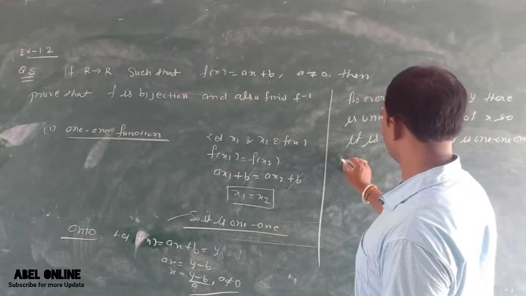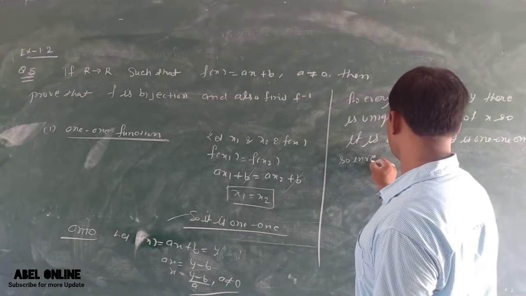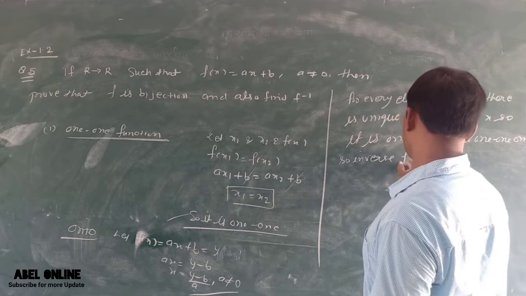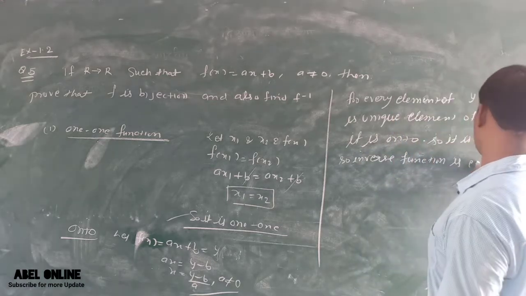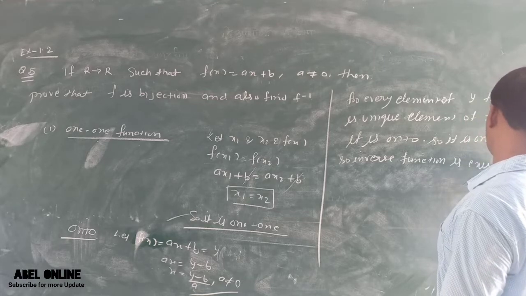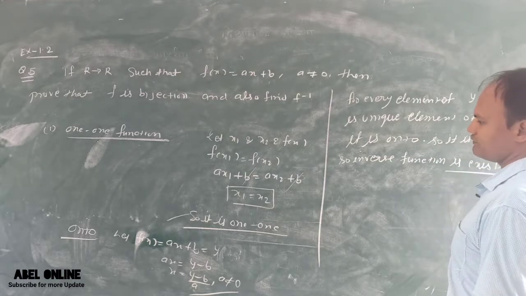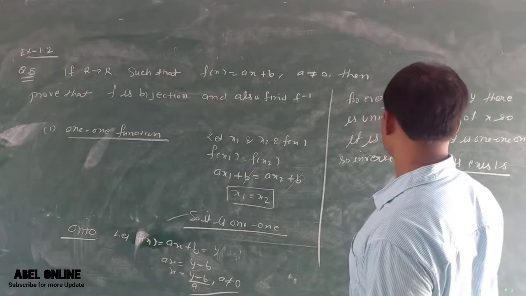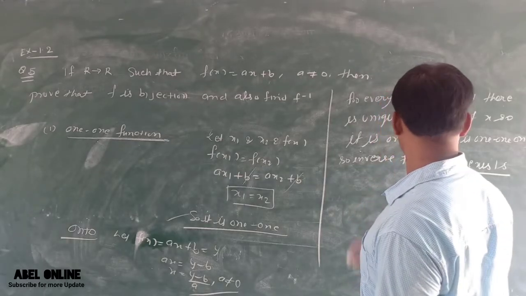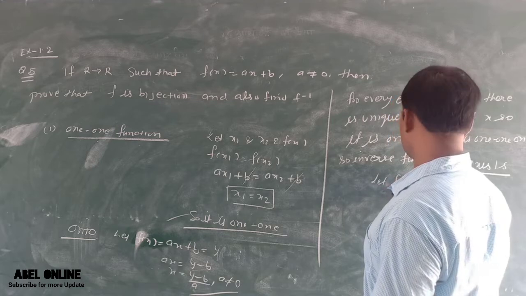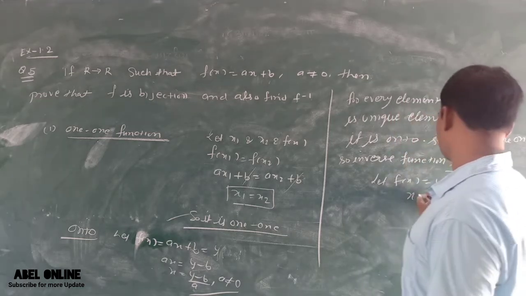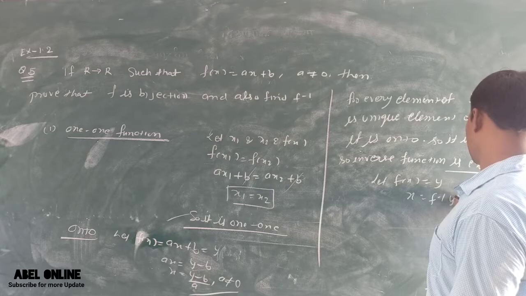So the inverse function exists. If the inverse function exists, then let f of x equal y, so x equal f inverse y.